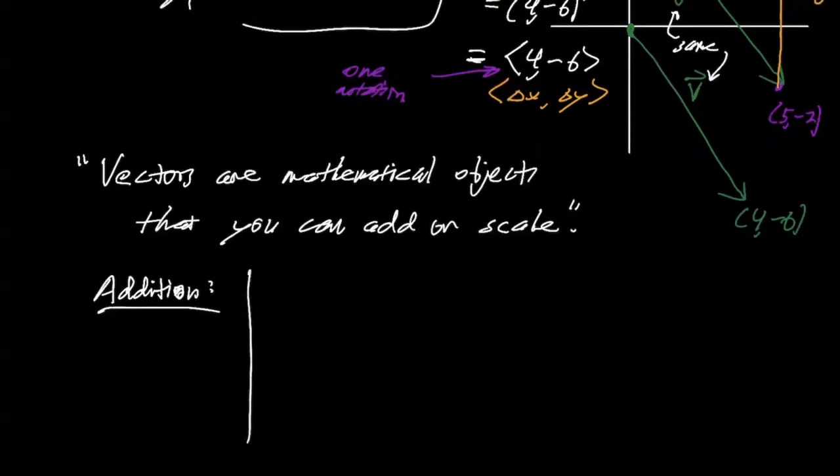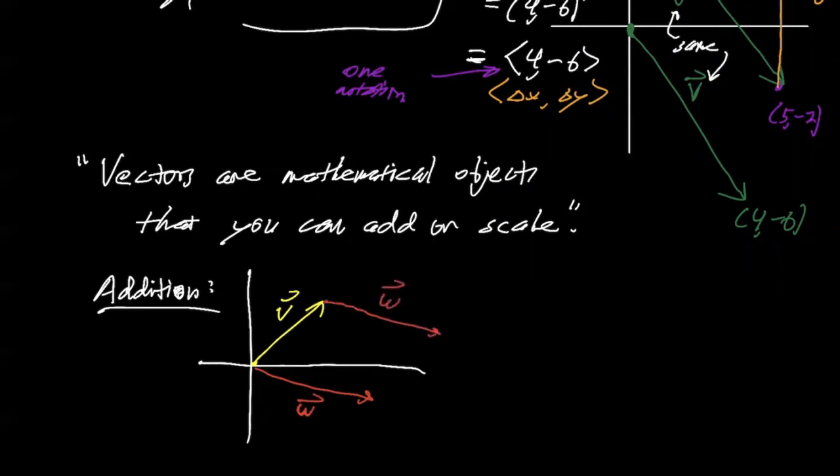If I'm in the plane here, for the purposes of illustrating this, I will draw arrows rooted at the origin. They didn't have to be, but it makes it a little easier to see. If I have V and say W here, then I can pick up W and move it up here and add tip to tail, as he was talking about.